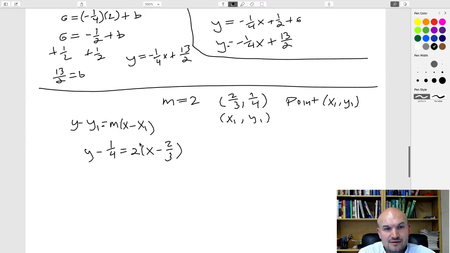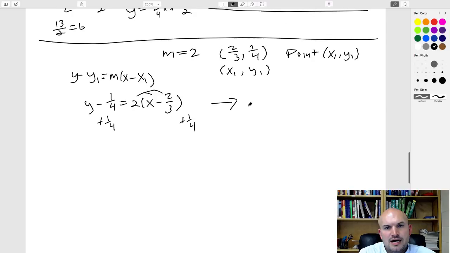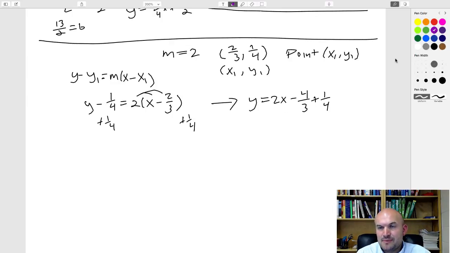Okay, so again, we're going to distribute and then add the 1/4. So I'm just going to move my work over here. Therefore I have y is equal to 2x, 2 times negative 2/3 is negative 4/3, and then add 1/4. Well, to add these fractions, you've got to get common denominators. The common denominator of 3 and 4 is 12.